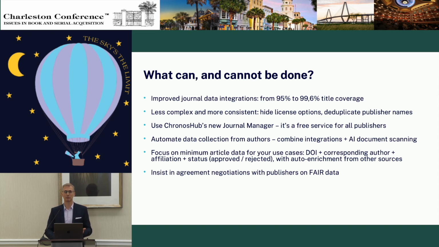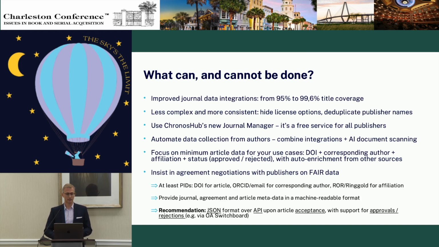Because the manual workload and the costs associated with that are not negligible if you don't get it. This should at least include persistent identifiers for articles, the corresponding author, and their affiliation. And if it's possible, provide the journal, agreement and article metadata in a machine-readable format. This can be easily done through existing services like the OA Switchboard, for example.